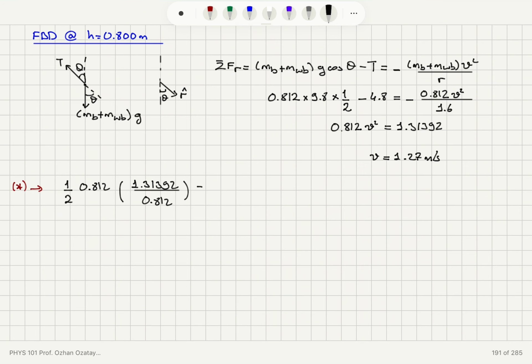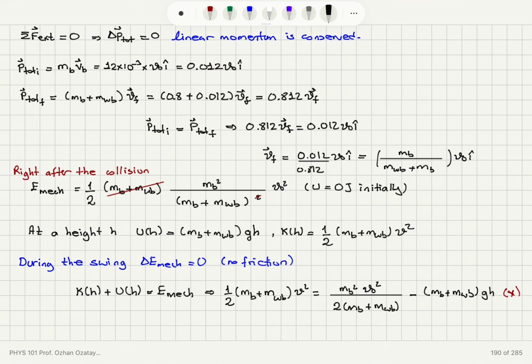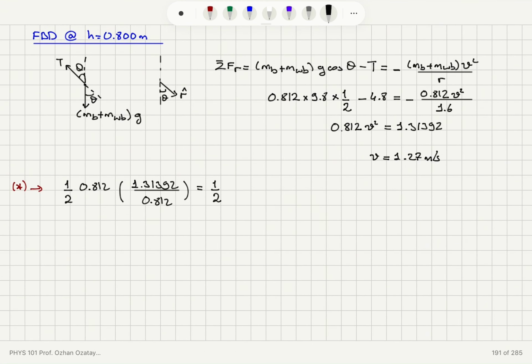This is equal to 1/2 mass of the block bullet squared, 0.012 squared v0 squared divided by the total mass 0.812, minus the total mass g h, 0.8 meters.